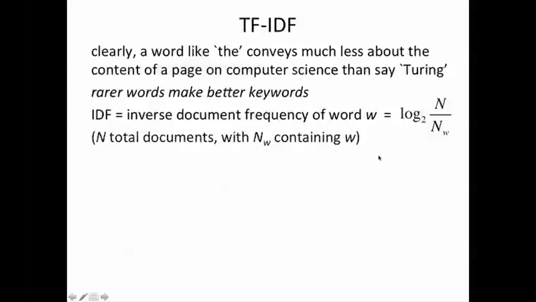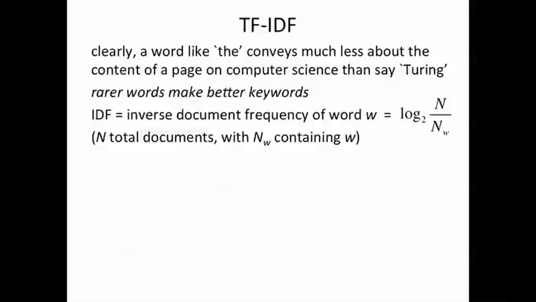Let N be the total number of documents, say all the documents on the web, and out of these, N_w contain the word w. Then the ratio of N over N_w, obviously N_w will be less than N, tells us the inverse of the fraction of the documents which contain w as compared to all the documents.